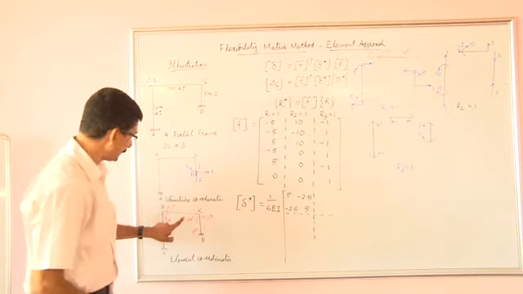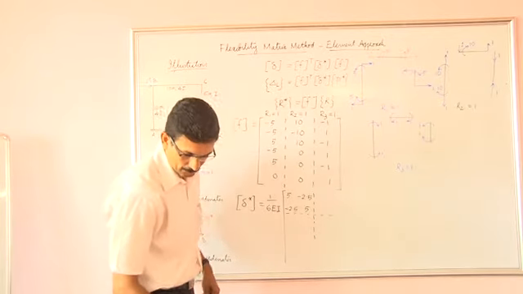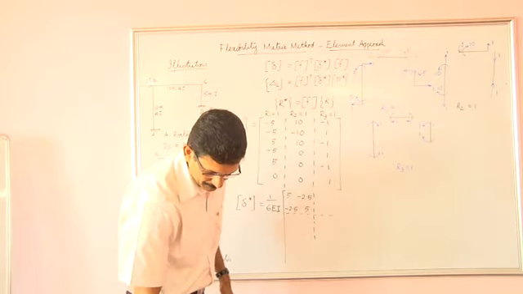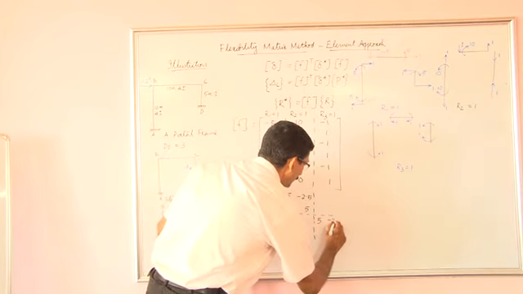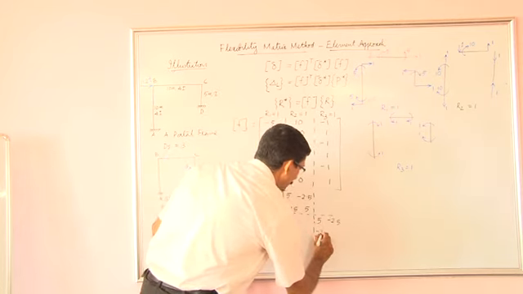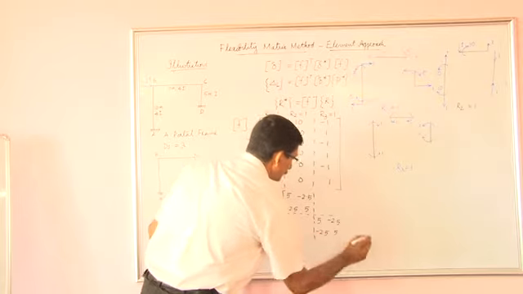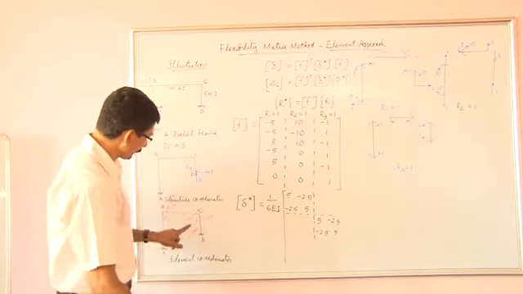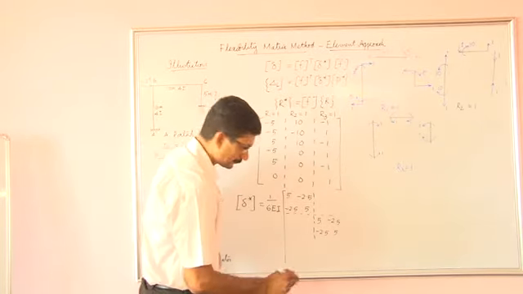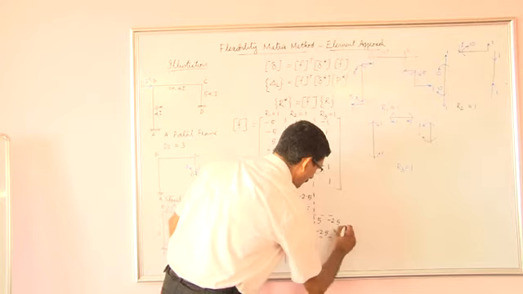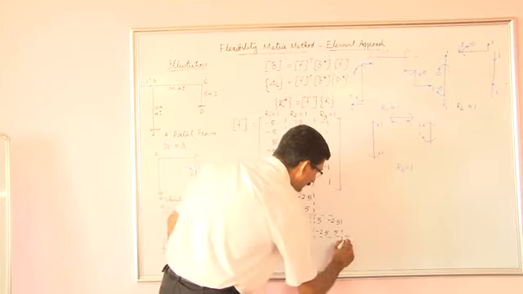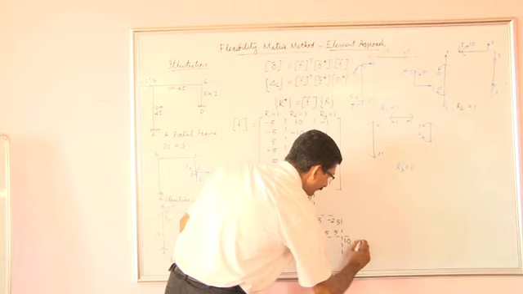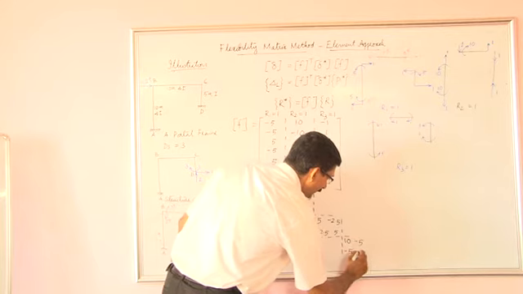Now for the second element, the beam element, these numbers are going to be 5, minus 2.5, minus 2.5 and 5. For the third element, minus 5 and 10.